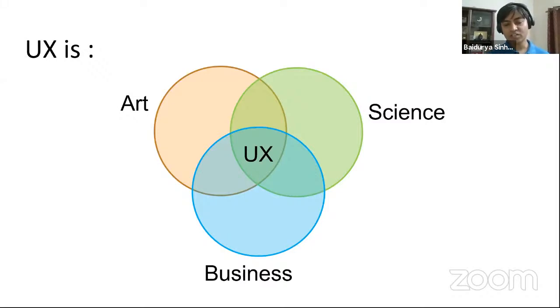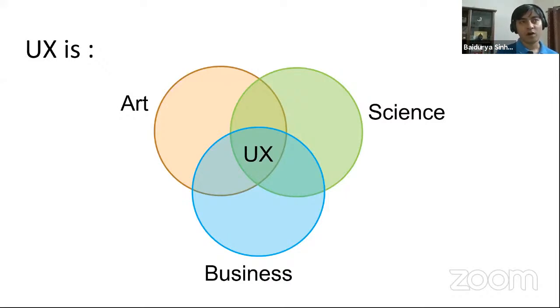So any user experience which does not have any business value is like an art. But also, to build user experience, you have to understand a lot of science and technology. You have to understand user behavior, cognitive sciences, and you also have to apply technology to create those kinds of experiences to solve user problems. So user experience is a combination of art, science, and business.